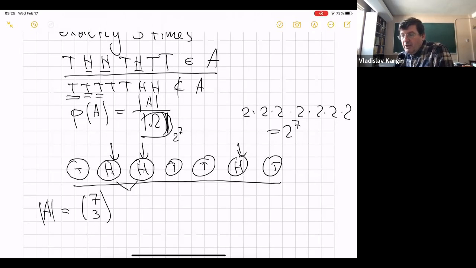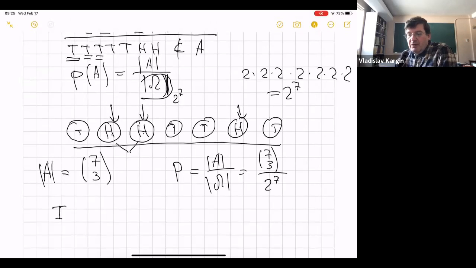All right. So now the probability will be equal to A divided by omega. So it's equal to 3 out of 7 divided by 2 to the power of 7.